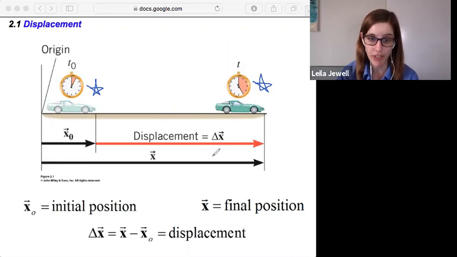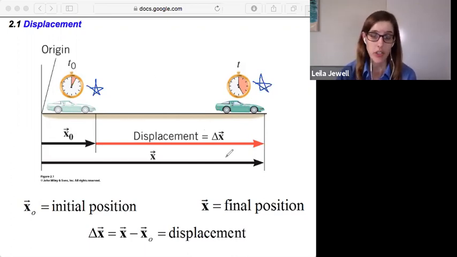It's my final minus my initial, my x minus my x naught, or x sub 0, where the 0 denotes the initial. Another way of describing it is that it's the net motion. I started out at this point, I ended up over here, so net, I moved to the right.